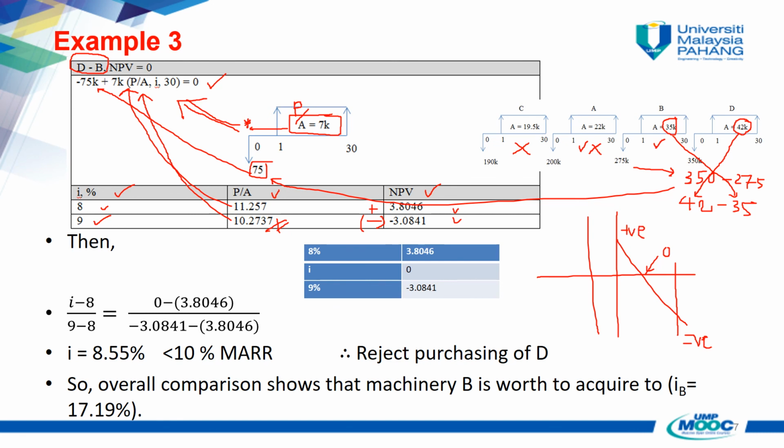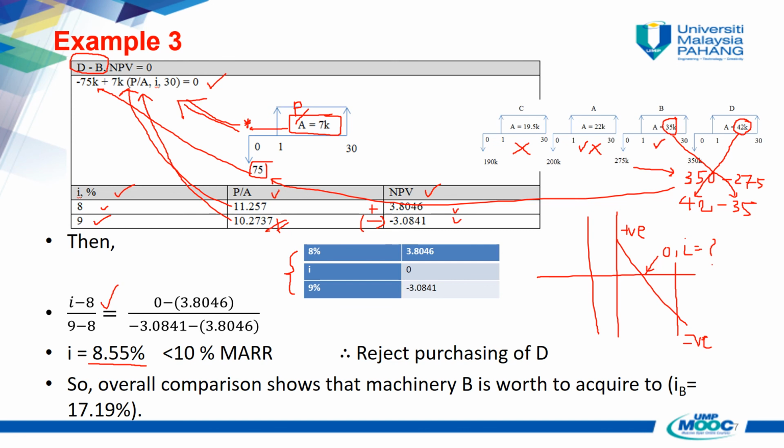So we want to find out what is the I here at 0. We interpolate between 8 to 9% there. I minus 8 divided by 9 minus 8, and then we will see that our I will become 8.55, slightly less than the 10% of our MARR.